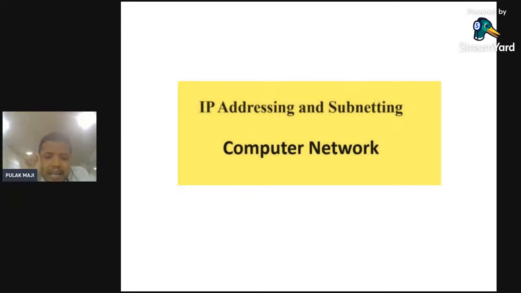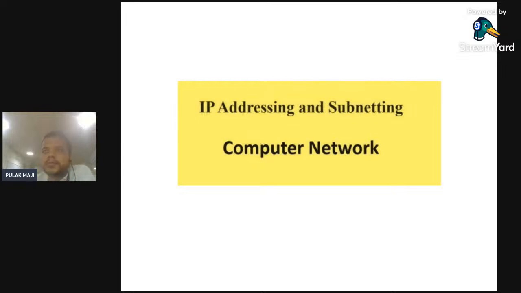Another name for physical addressing is the MAC address. MAC means media access control. The MAC address is used to transfer our data from the source machine to the next hop. If my machine is connected to the next router, how the data will be transferred from my machine to the next router is the responsibility of the MAC address.